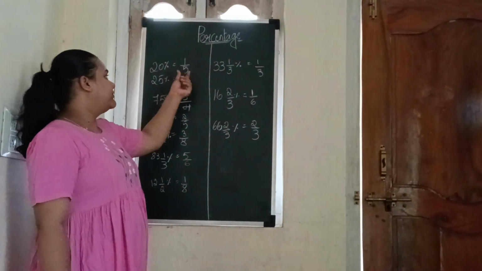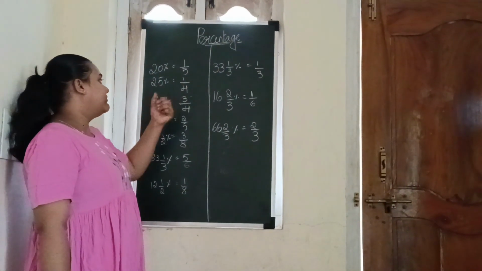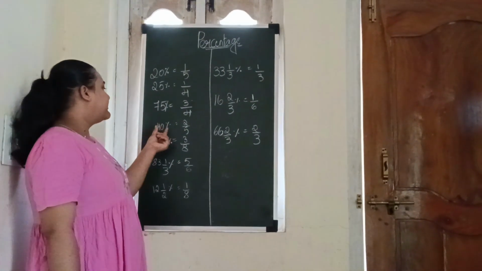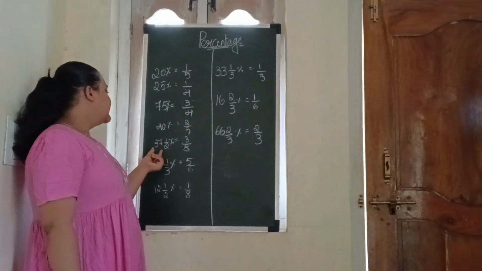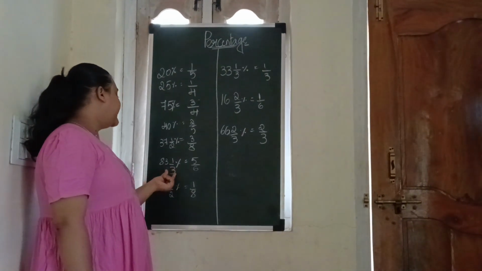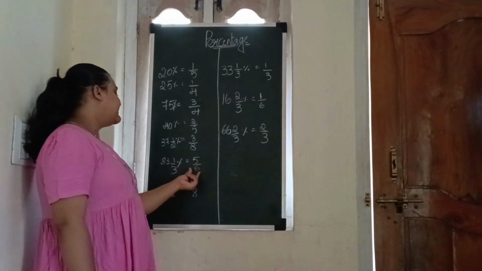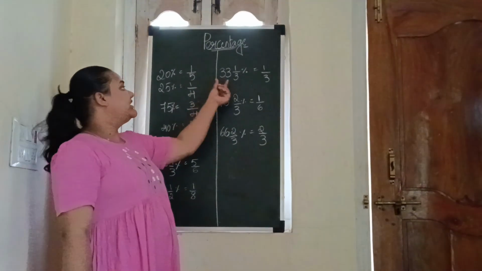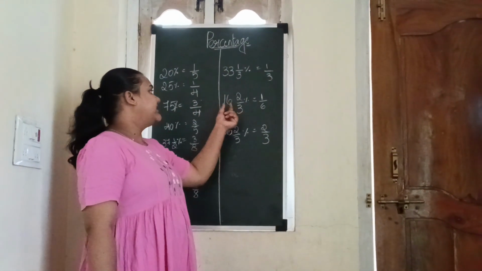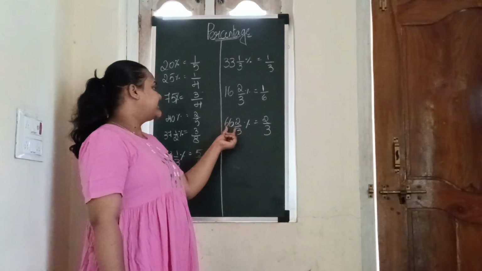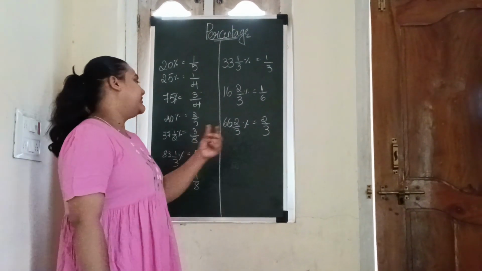So 20% means 1 by 5, 25% means 1 by 4, 75% means 3 by 4, 40% means 2 by 5, 37 1 by 2% means 3 by 8, 83 1 by 3% means 5 by 6, 12 1 by 2% means 1 by 8, 33 1 by 3% means 1 by 3, 16 2 by 3% means 1 by 6, 66 2 by 3% means 2 by 3.